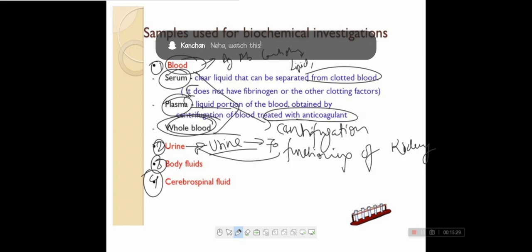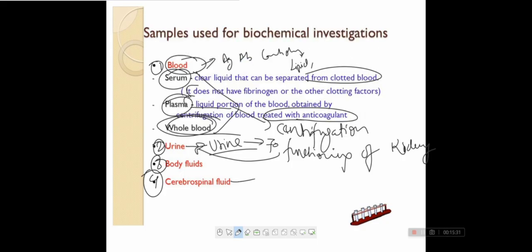Third is body fluid, and fourth is cerebrospinal fluid. Cerebrospinal fluid is taken to know the proper functioning of the brain.